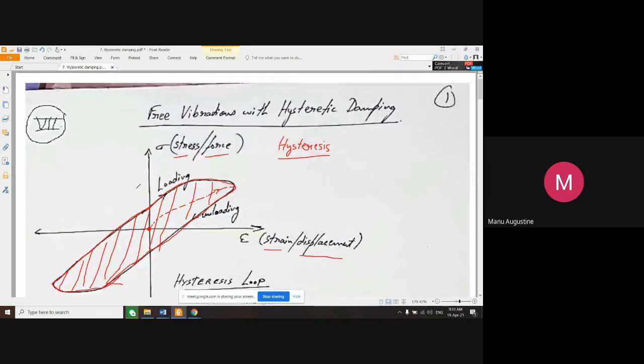So, what is hysteresis doing in our vibration engineering curriculum, and what is the concept of hysteretic damping? Hysteretic damping, hysteresis damping, or structural damping, as I've mentioned.